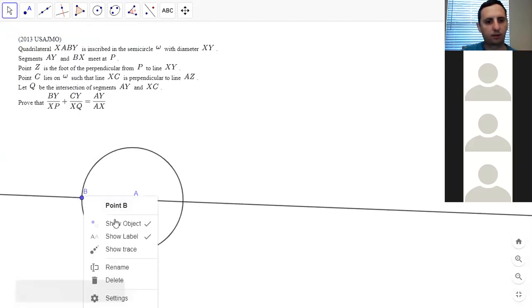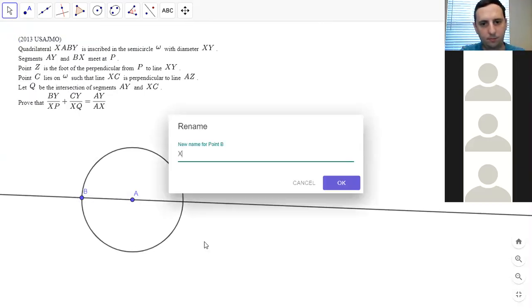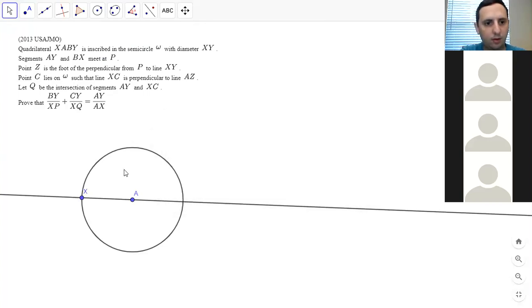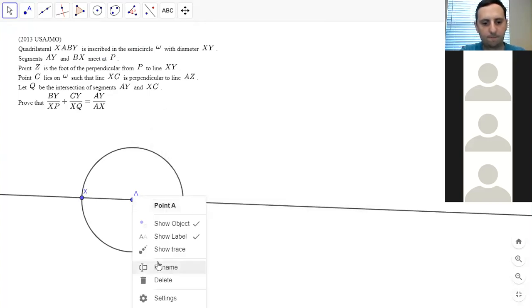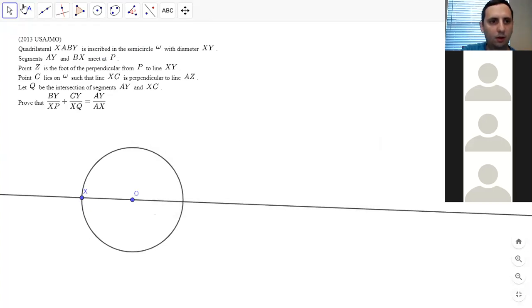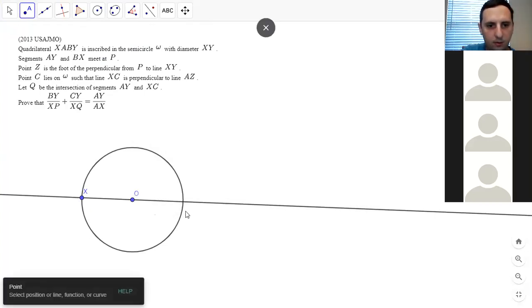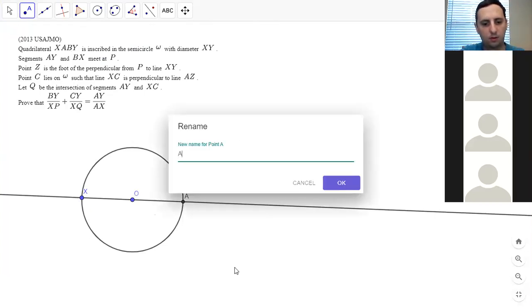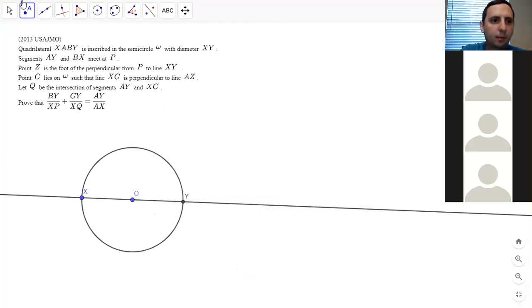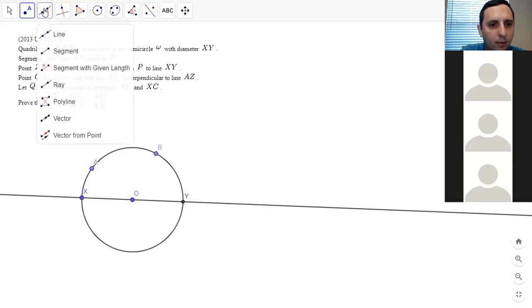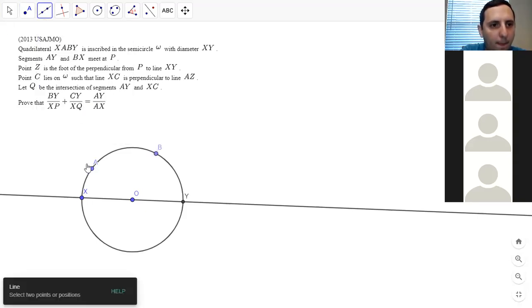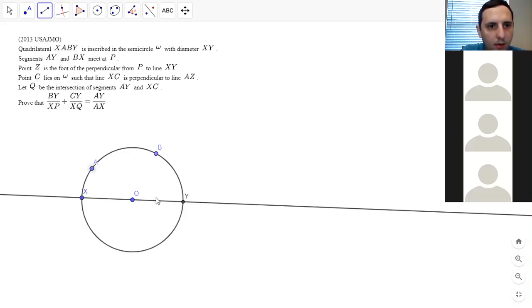So this should be X, and then call this O, and Y, and A and B, and so AX, A, B, Y. AX and BY, AY and BX meet at P. And then Z is the perpendicular.